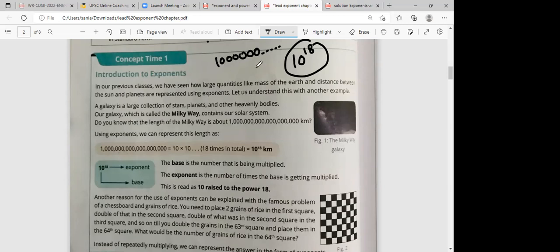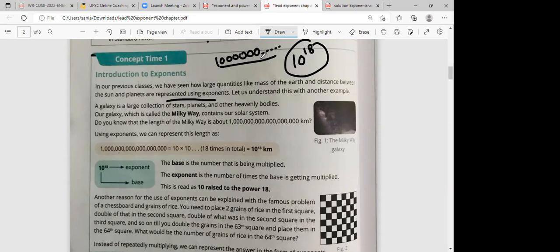So instead of writing the numbers out, exponents means you are going to make it precise. See, this is easy, na? Writing this is easy. Instead of writing 18 zeros, it's difficult. So making things in a simpler form is known as exponents. Large quantities are always represented by exponents, because you cannot easily write out large quantities.